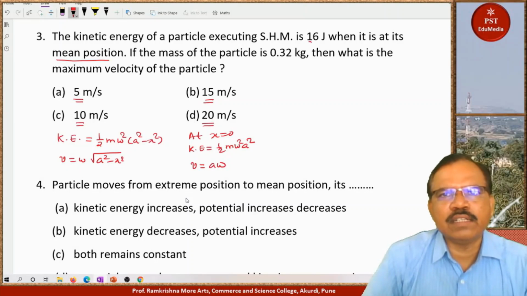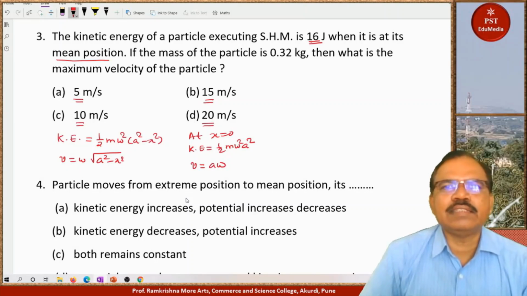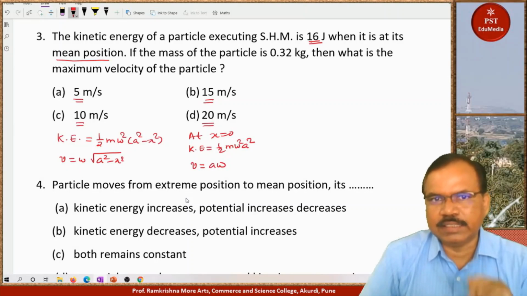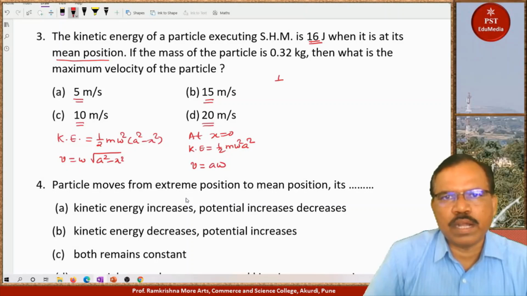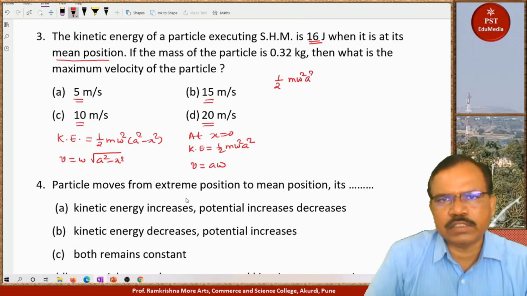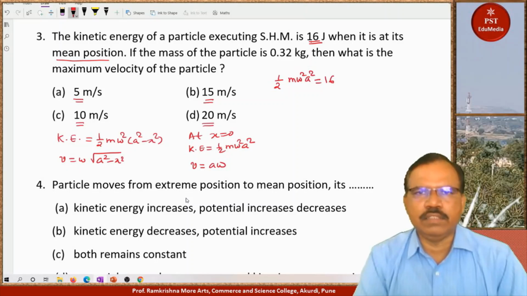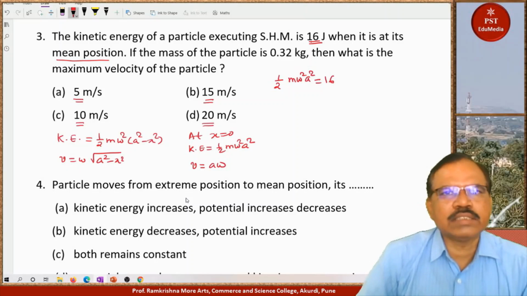But what is given? Kinetic energy at mean position is given, and that is 16 joules. So we get 1 half m omega square a square is equal to 16. And mass is 0.32 kg.